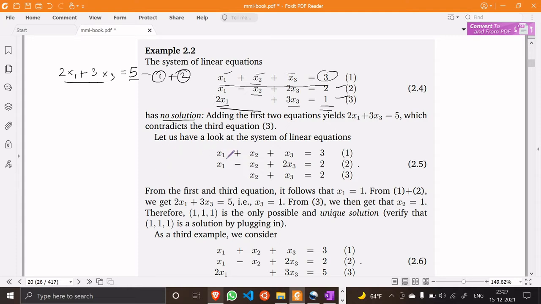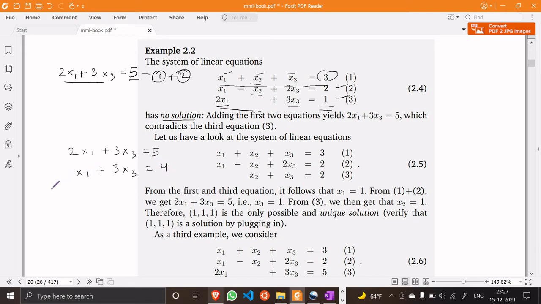Now, if you look at this system of linear equations, again we can simply add 1 and 2 to get 2x1 plus 3x3 equals 5. And if you are clever enough, you can see that if you add 2 and 3, you'll get x1 plus 3x3 equals 4.